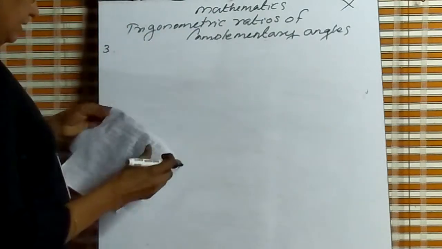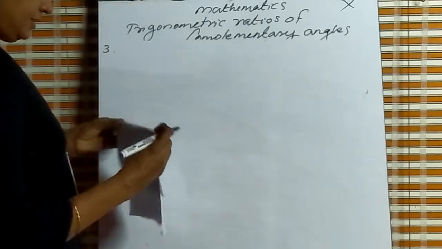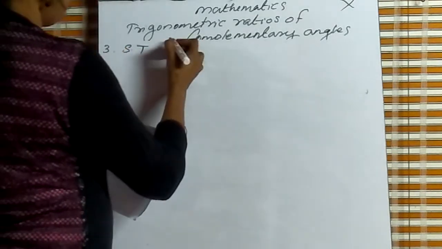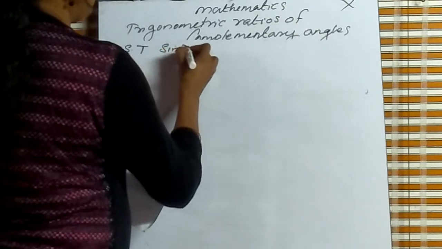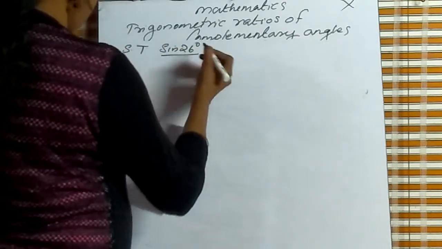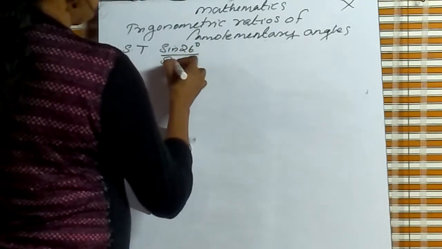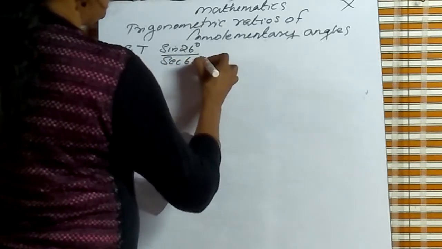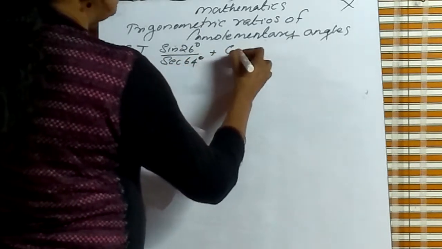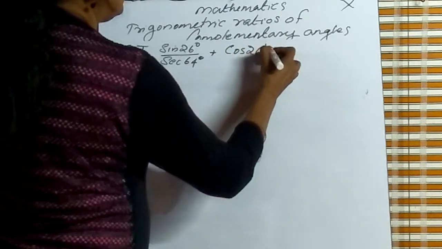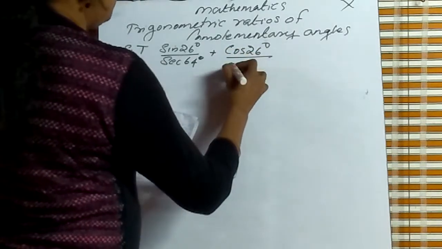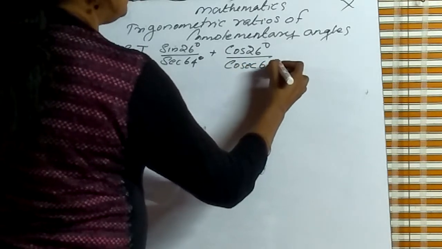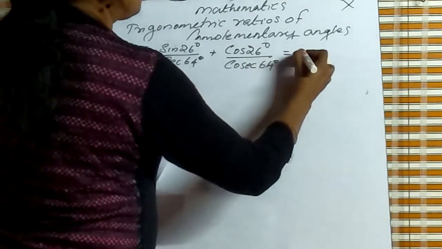Question number 3. Show that sin 26° divided by sec 64° plus cos 26° divided by cosec 64° is equal to 1.